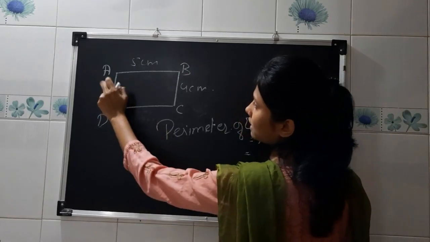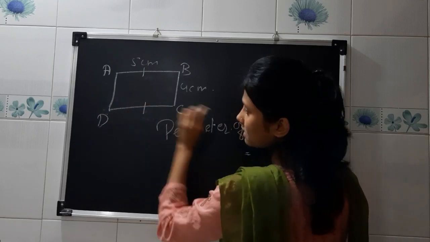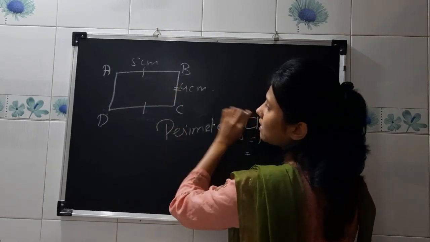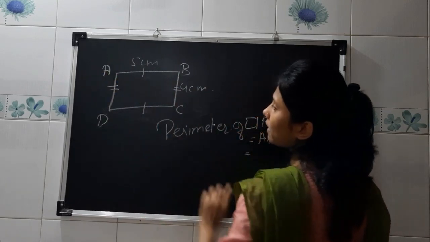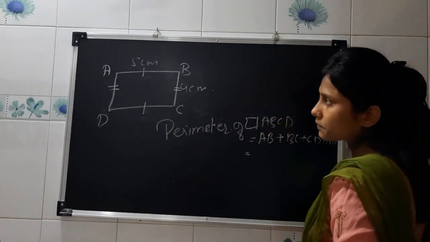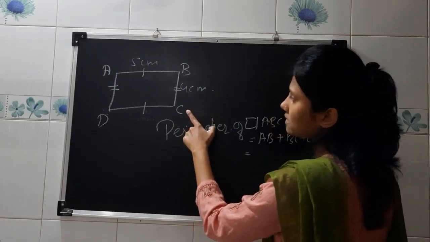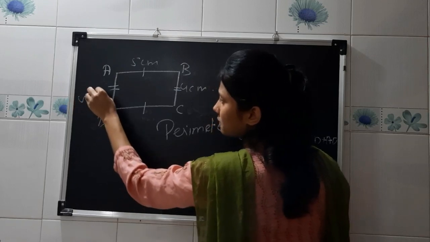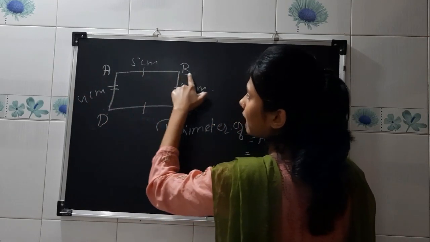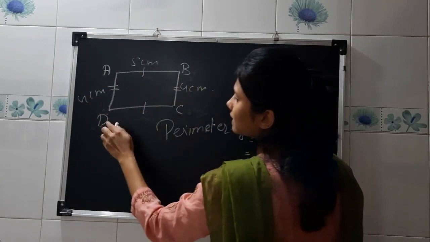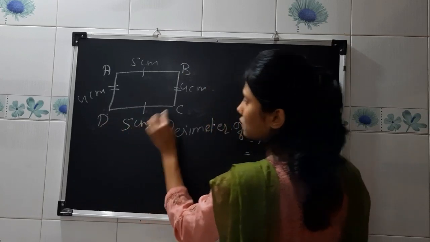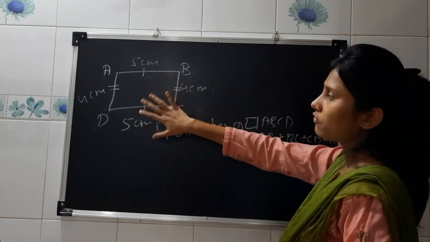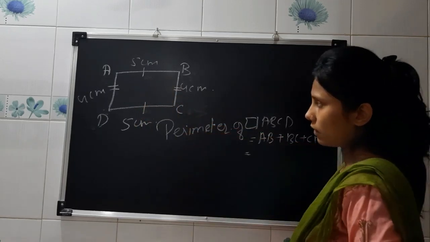Side AB is equal to side CD. Similarly, side BC is also equal to side AD. So if BC is 4 centimeter, then side AD is also 4 centimeter. If side AB is 5 centimeter, then side CD is also 5 centimeter. Understood? Opposite sides of a rectangle are equal.